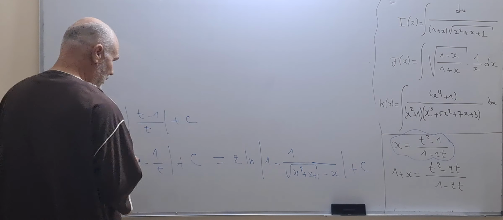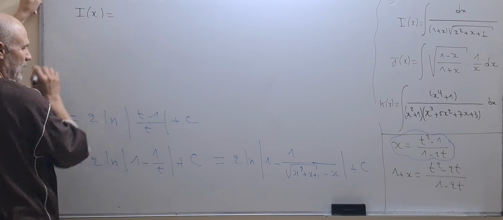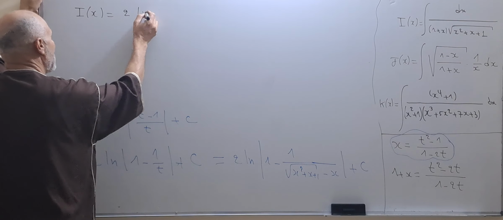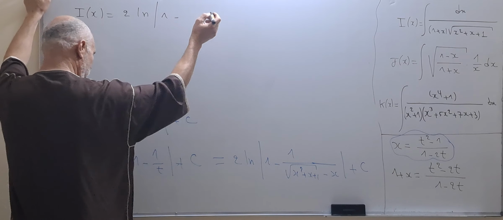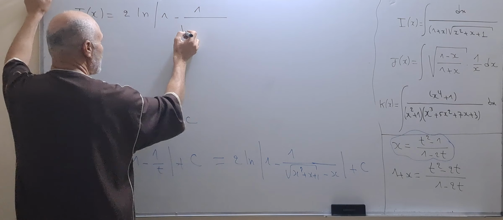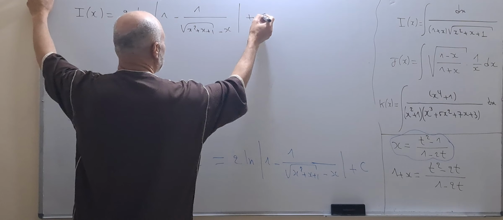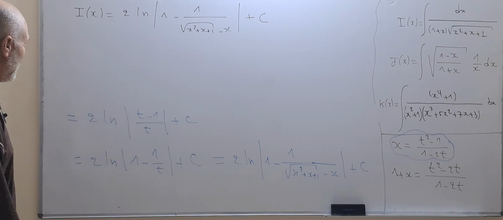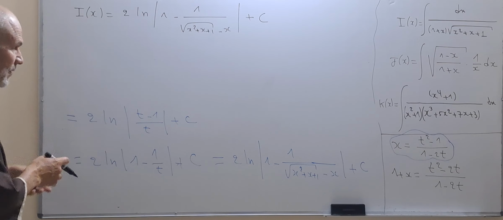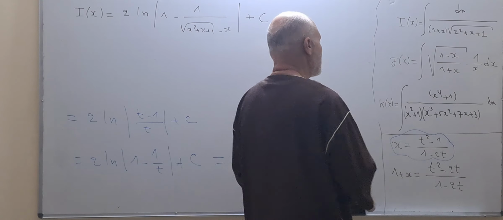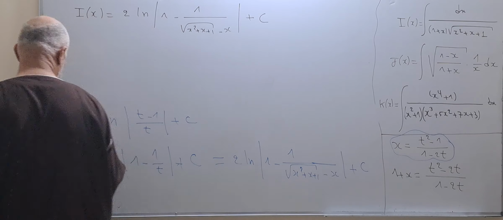So we have F of x equal to 2 ln absolute value of 1 minus 1 over the square root of x squared plus x plus 1 minus x, plus a constant. The derivative of this function should give us this integral. This is for the first integral.